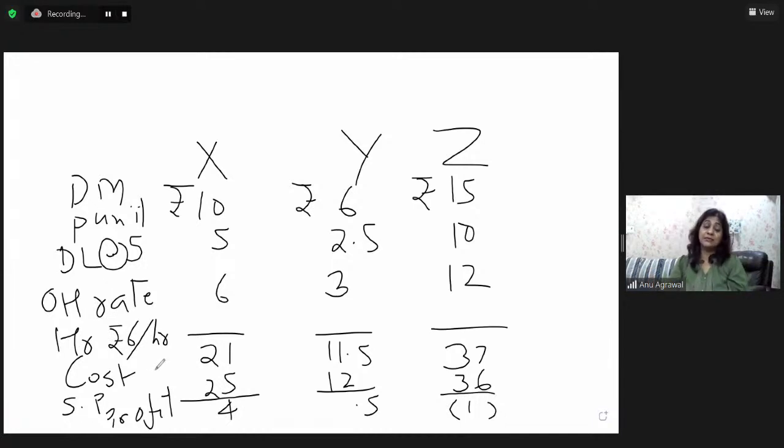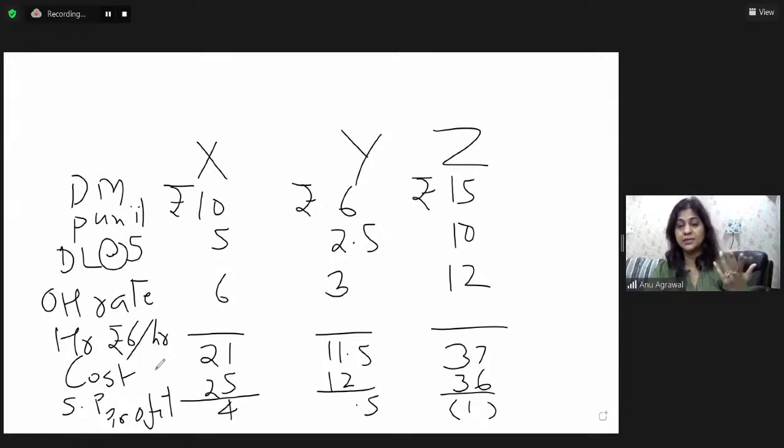That's why it was developed traditionally, and it was said that, okay, we can just absorb overheads on the basis of machine hours or labor hours or direct wages or as a percentage of prime cost, whatever was found to be correct.